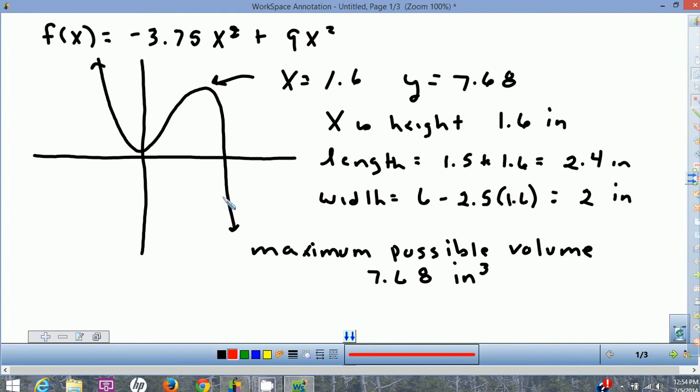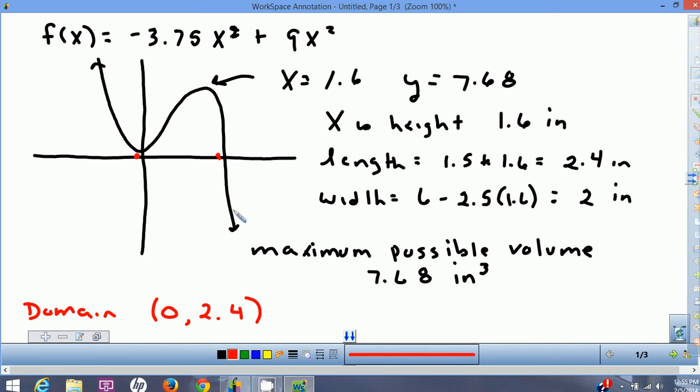So if I determine the value of this x-intercept and this x-intercept, I have the domain of the function. And what I find is the domain of this particular function is the values from 0 to 2.4. My values for x can only be between 0 and 2.4 if I want to get a legitimate answer. Otherwise, I either have a height that's negative or I have a volume that's negative.